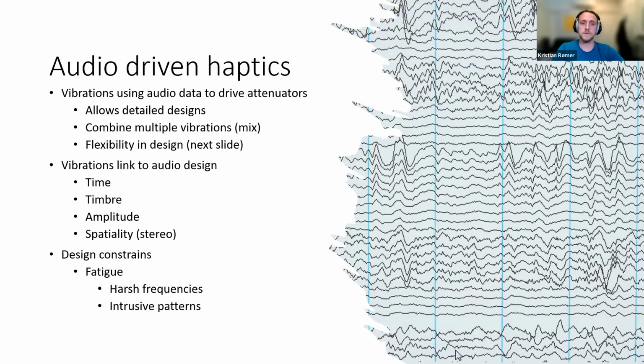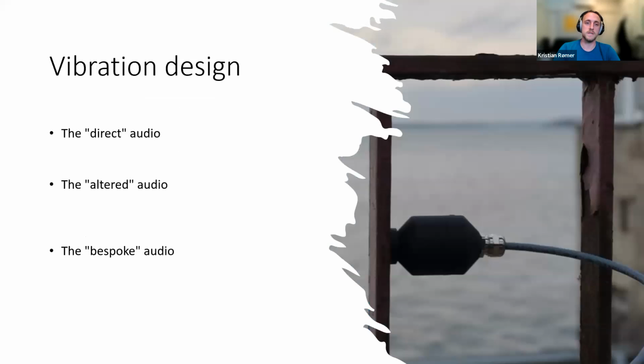So now I'll talk a little bit about how we actually create the content of these vibrations. There are three different main ways that I see that you can create vibrations. The first one is the direct way. That was what I was talking about before. You have a huge explosion, maybe there's some debris falling from the explosion, and you simply map that sound over to the controller.